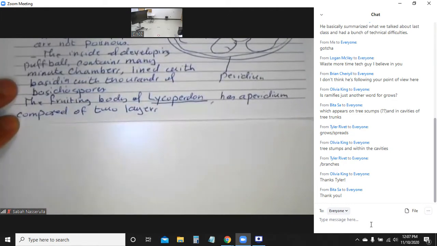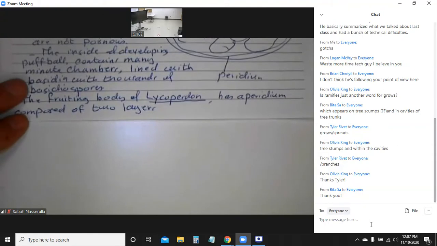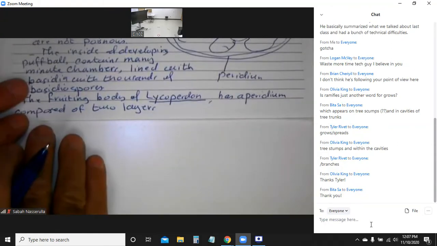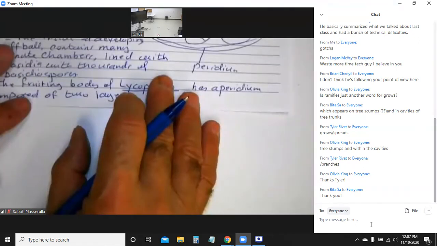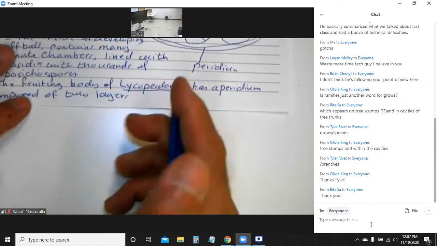Usually the outer layer gets weathered or decays.